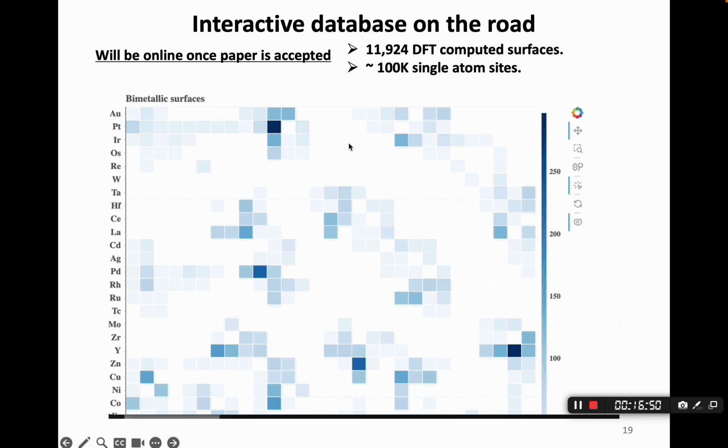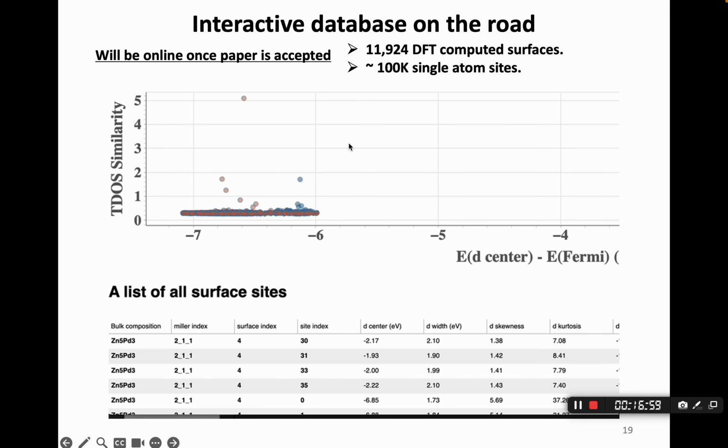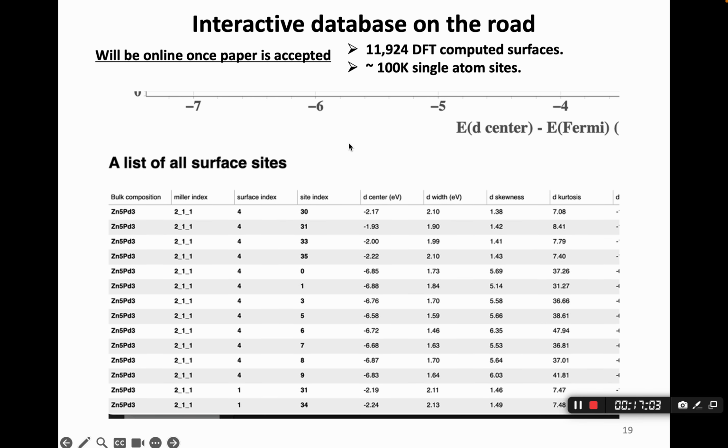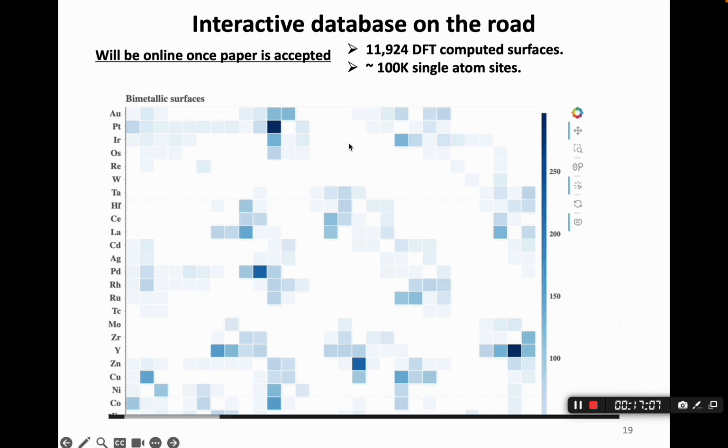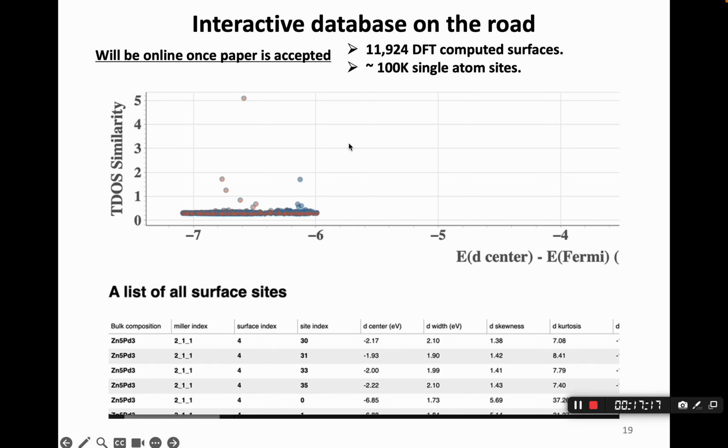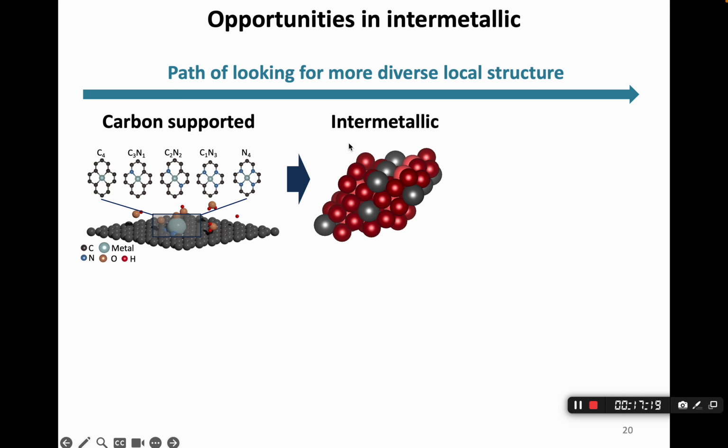Please feel free to check my paper, and we provide the link to our database, so you should be able to access all these 11,000 DFT computed surfaces, and we screened more than 100,000 single atom sites. I hope this electronic structure information can provide some useful guidance on how to design intermetallic based catalysis.